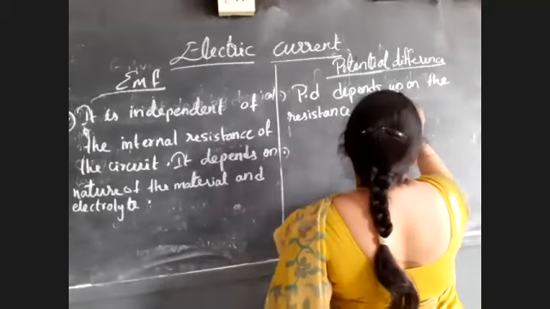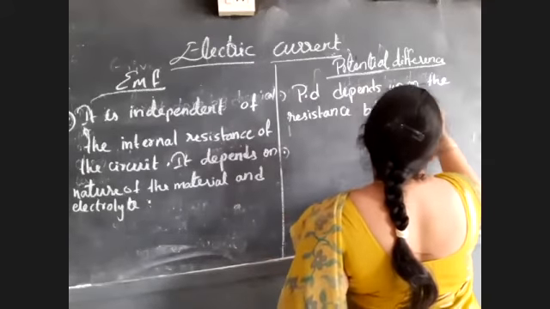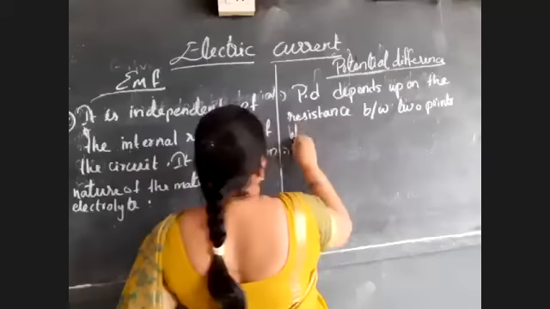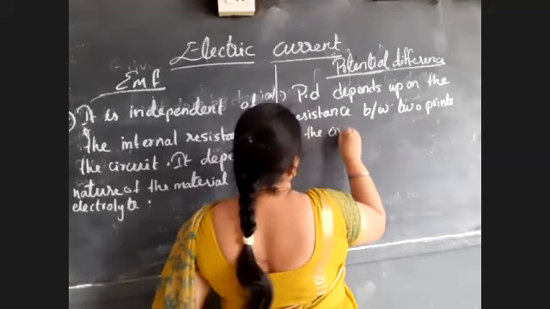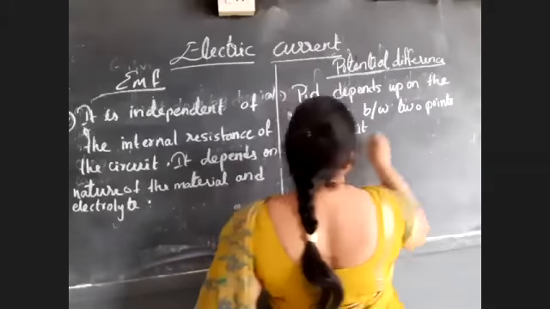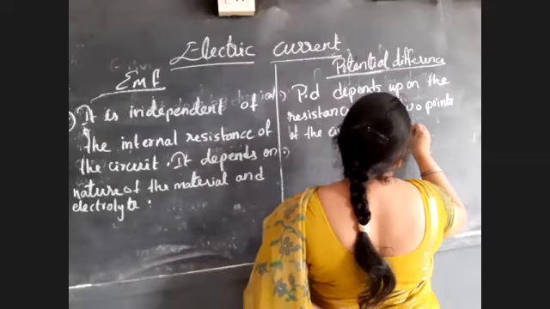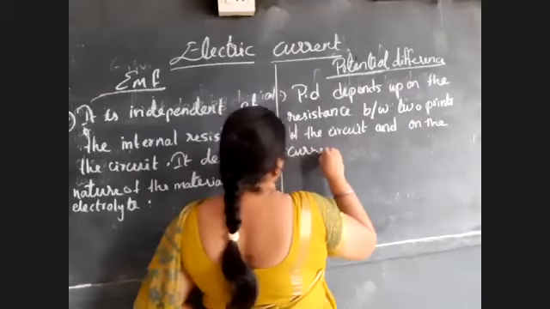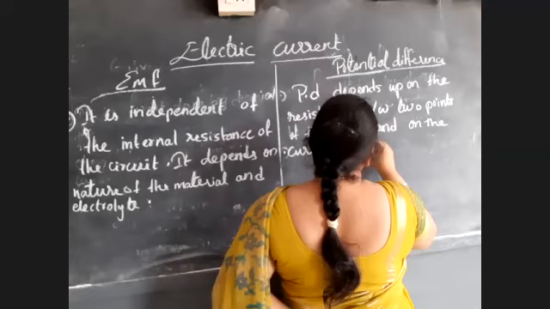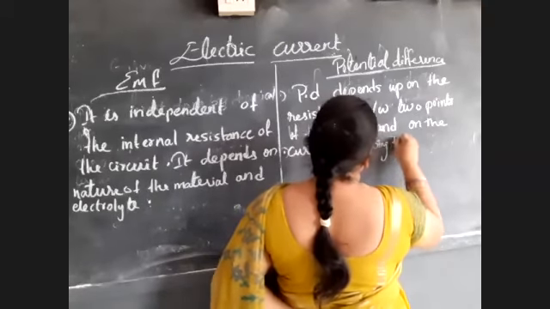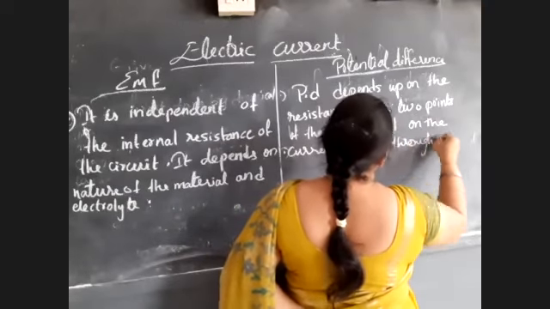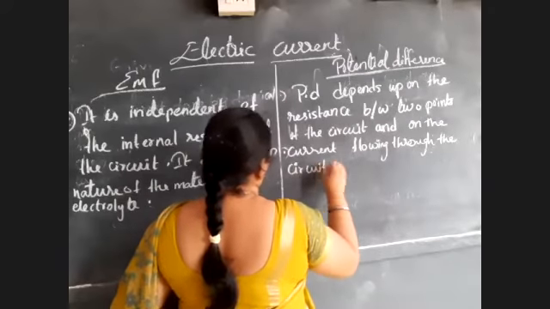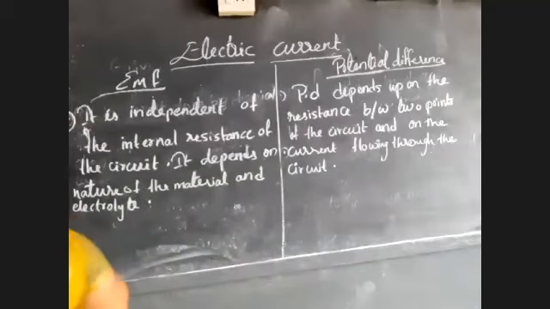On the resistance between 2 points of the circuit and on the current flowing through the circuit. Next point.